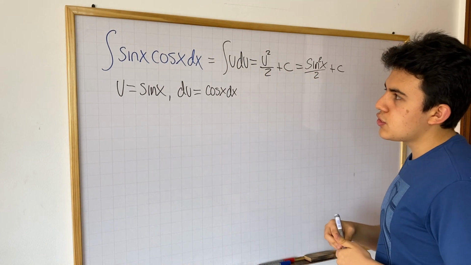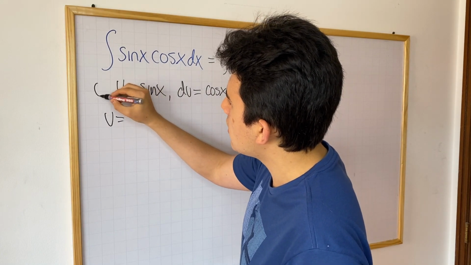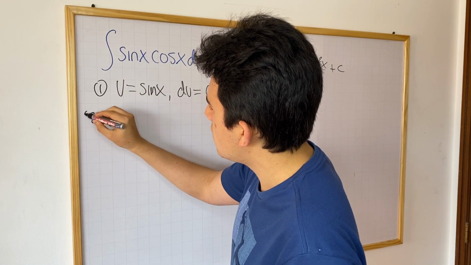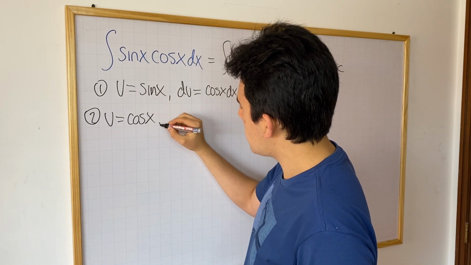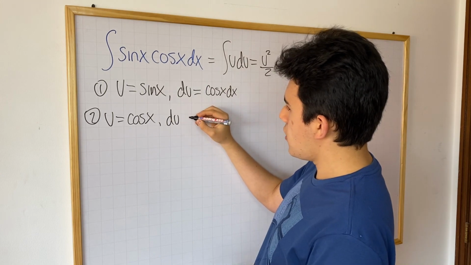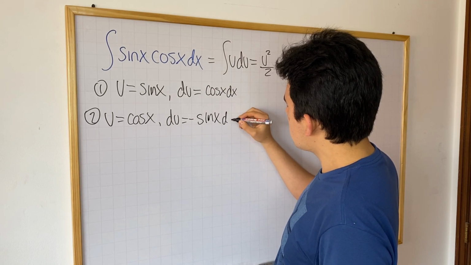The other solution is to let u be equal to cosine x. I'm going to call this the first one, and this the second one. That gives you that the differential of u is minus sine x dx.